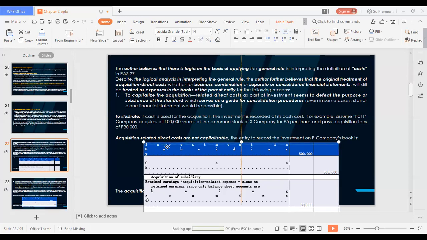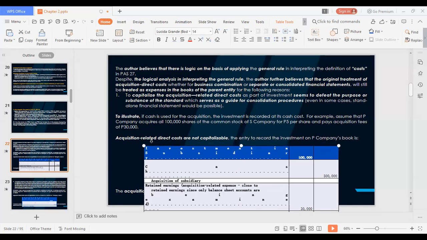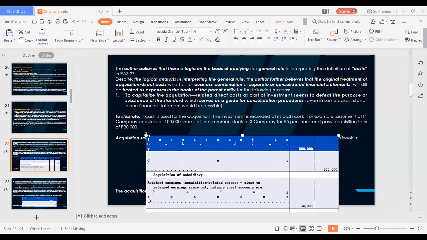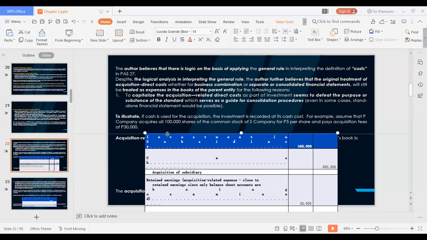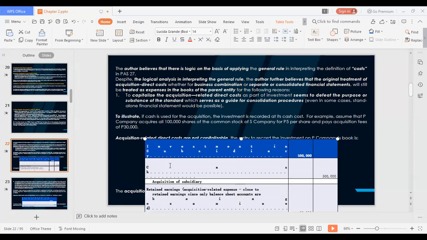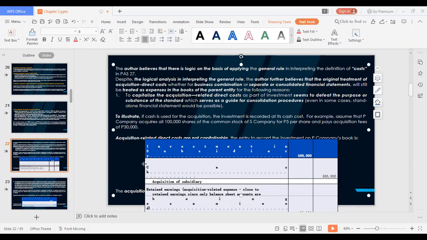Now, for the 5 per share, assume that the company acquires all the 100,000 shares of the common stock of S Company for 5 per share. The entry will be to debit retained earnings and to credit cash for the acquisition-related expense.